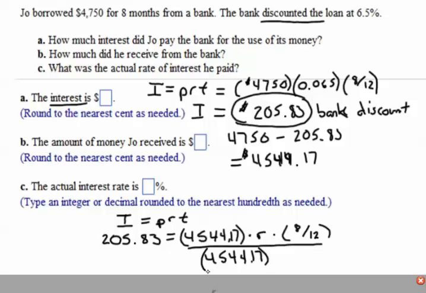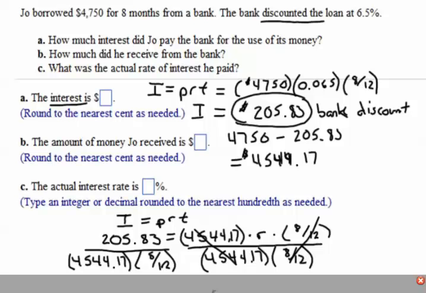If we do that to the right-hand side of the equation, we must divide the left-hand side by that same value. On the right-hand side, those values divide out and we will get R. And the left-hand side, we have to divide it out to see what value it produces.